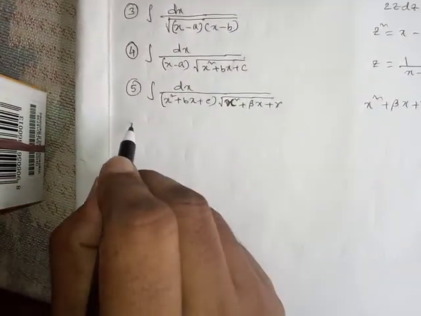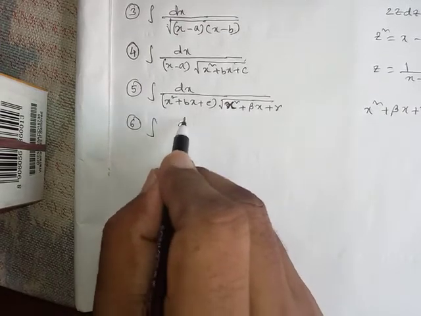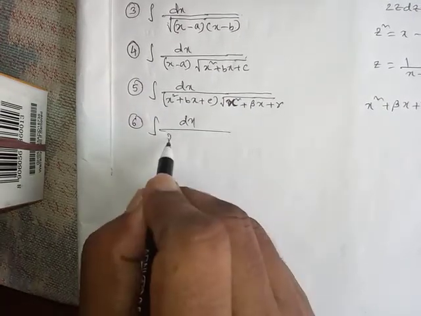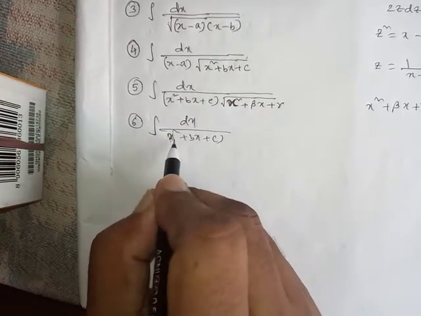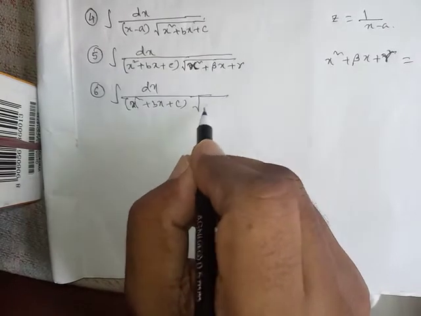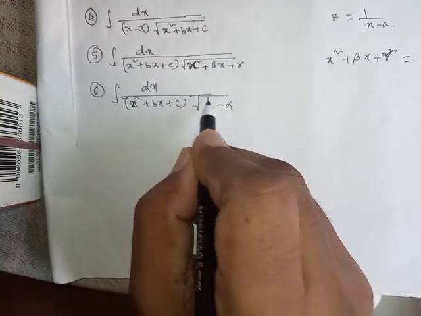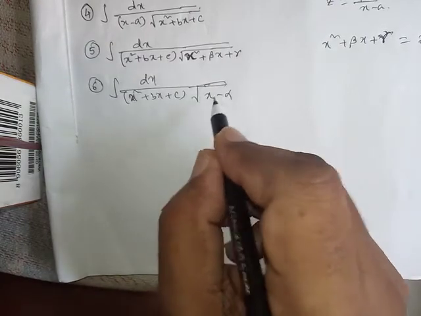Now another thing I forgot to tell you: suppose dx by x square plus bx plus c, that means one quadratic is outside, free, and inside there is, suppose, x minus alpha, a linear factor, where alpha may be any constant, 2, 3, 4, like this.